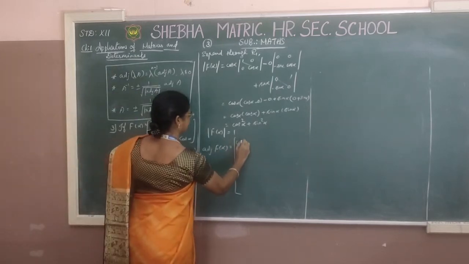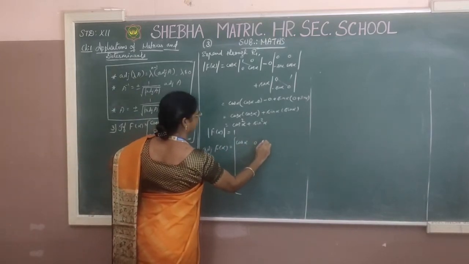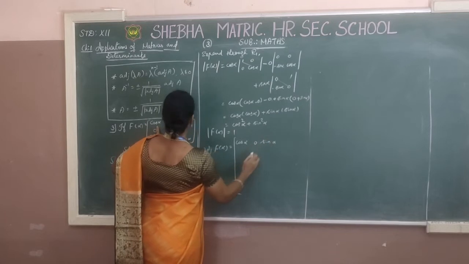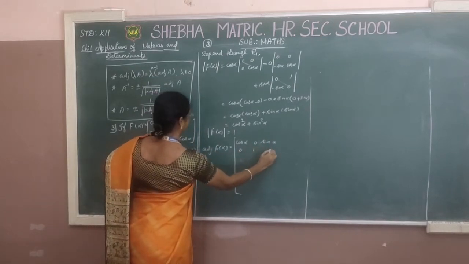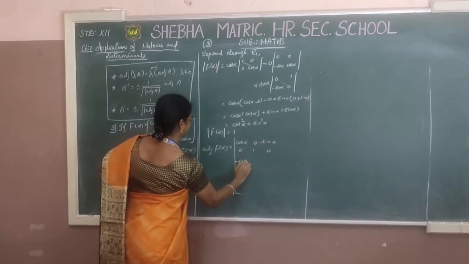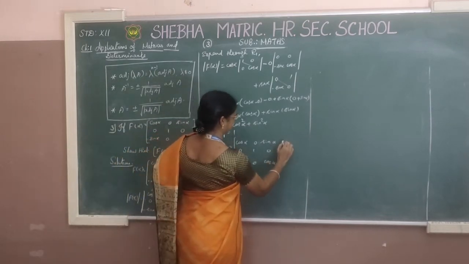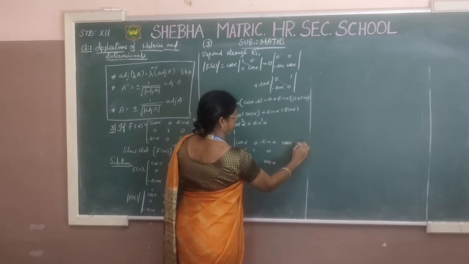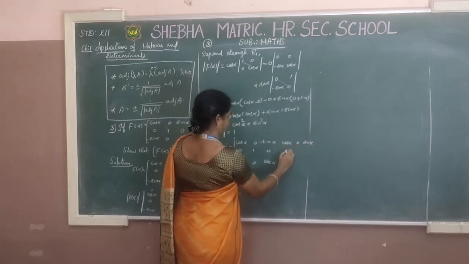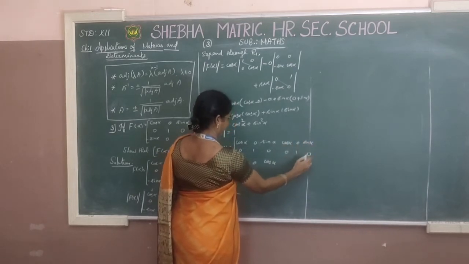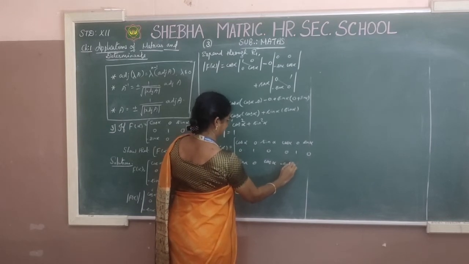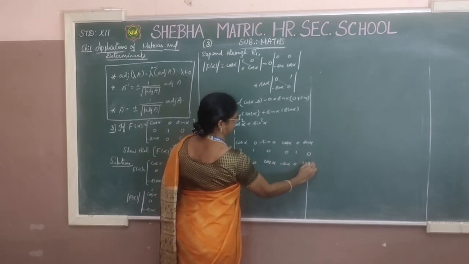Listen, write cos alpha 0 sin alpha and 0 1 0, here minus sin alpha 0 cos alpha. Like that you have to write again cos alpha 0 sin alpha, 4 times, 0 1 0 and minus sin alpha 0 cos alpha.